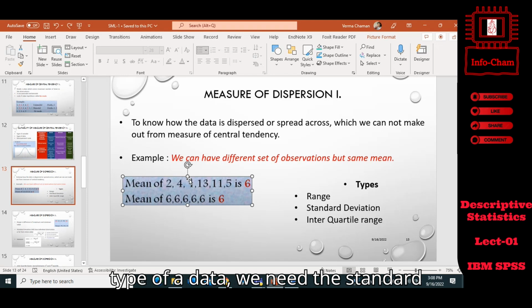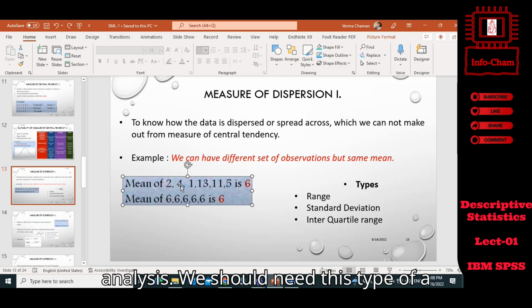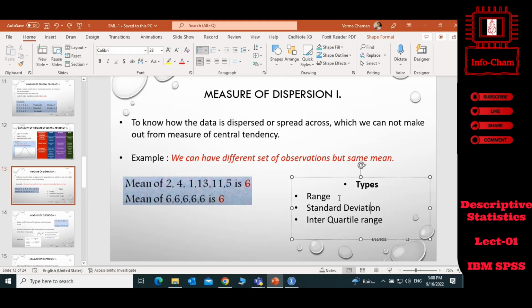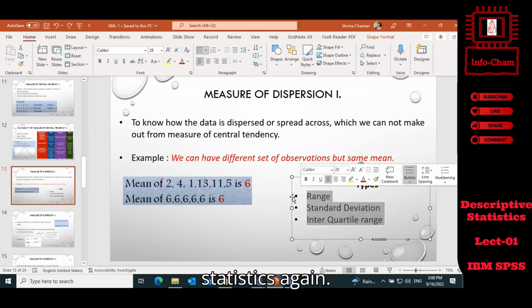For this type of data, we need the standard deviation. Okay, but usually we don't consider this data in the analysis. We should need this type of data, right? Okay, so type, range, standard deviation, interquartile range. In that case, you should go for these 3 statistics again. Okay.